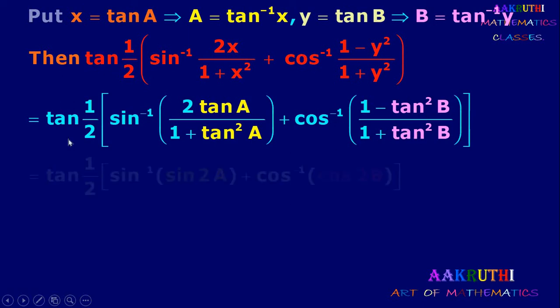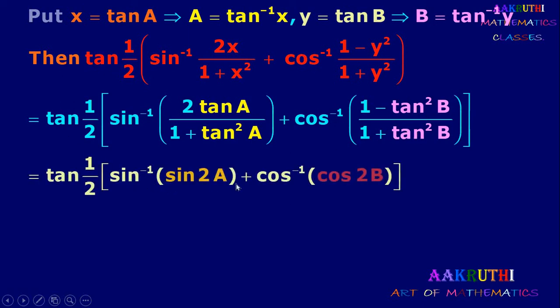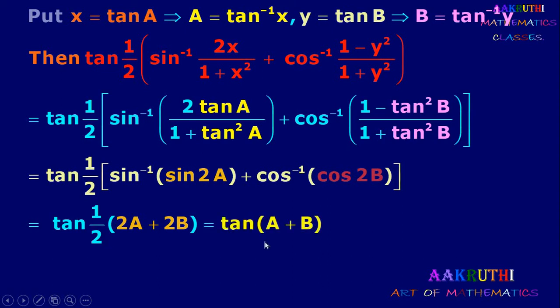So it is tan 1 by 2 into sin inverse sin 2A plus cos inverse cos 2B. Now here sin inverse sin cancel, cos inverse cos cancel, remaining as tan 1 by 2 into 2A plus 2B. Now take 2 outside and we can cancel 2, so remaining is tan A plus B.